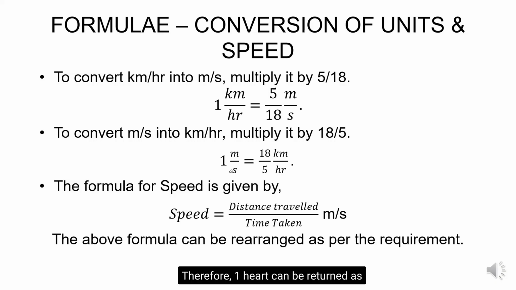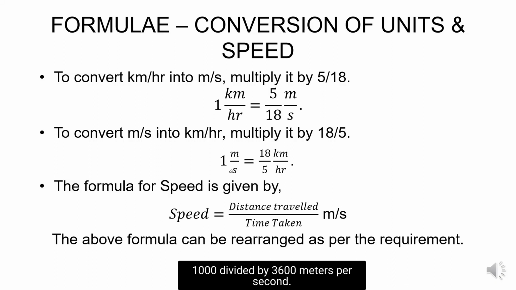Therefore, 1 kilometer per hour can be written as 1000 divided by 3600 meter per second. Upon solving, we get 1 kilometer per hour is equal to 5 by 18. So whenever we want to convert a speed which is available in kilometer per hour into meter per second, we can directly multiply that speed by 5 by 18.